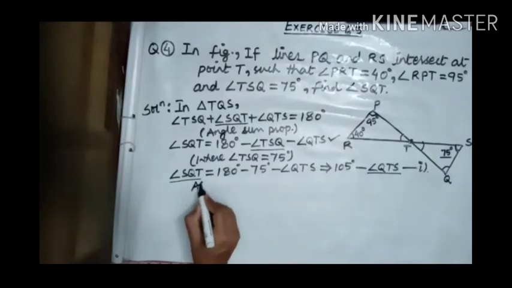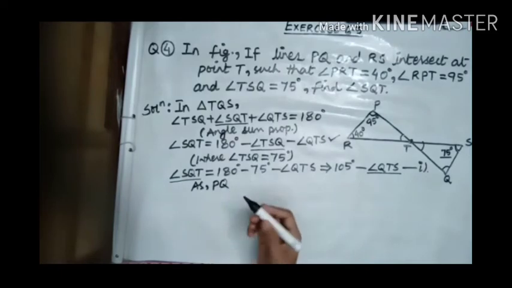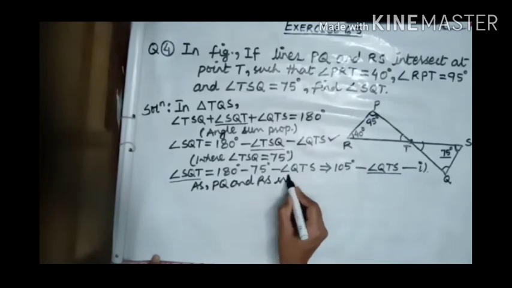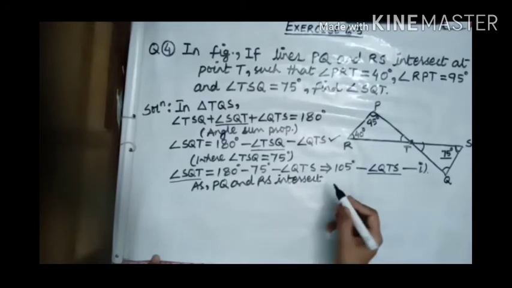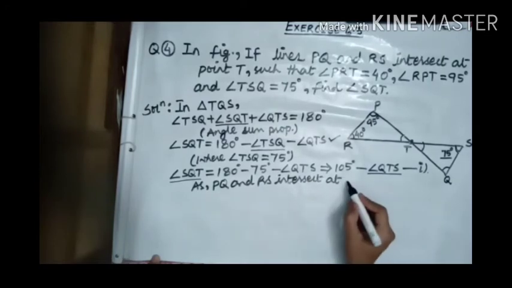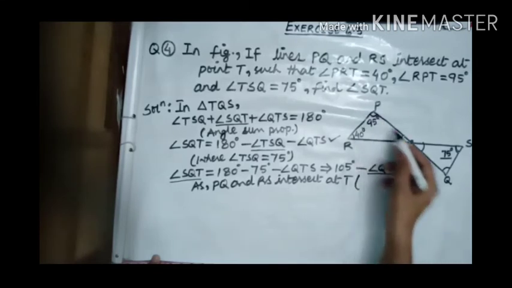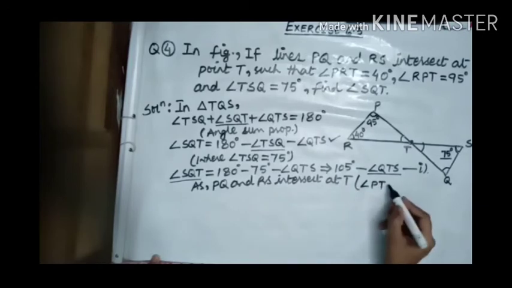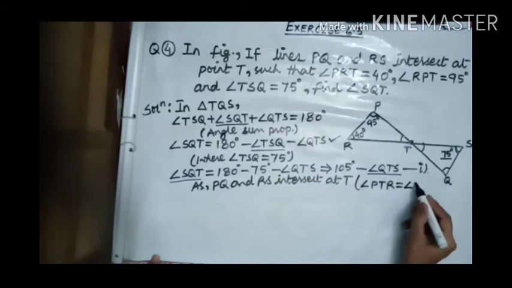So as PQ and RS intersect at the point T, therefore vertically opposite angles, angle PTR equals angle QTS.